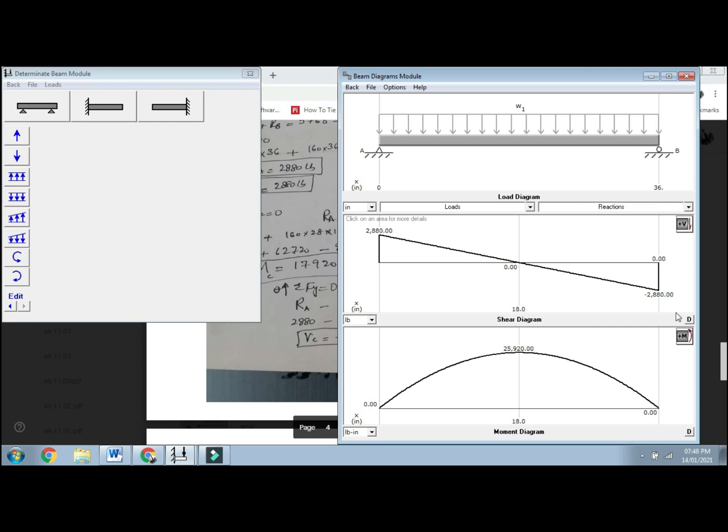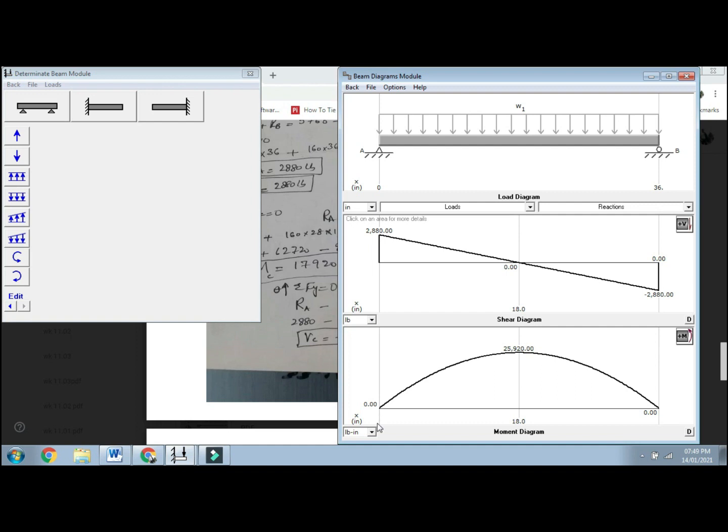What was the maximum bending moment at the midpoint? Wherever the shear force becomes 0, the bending moment is maximum. This is the load diagram, this is the shear diagram, and this is the moment diagram.